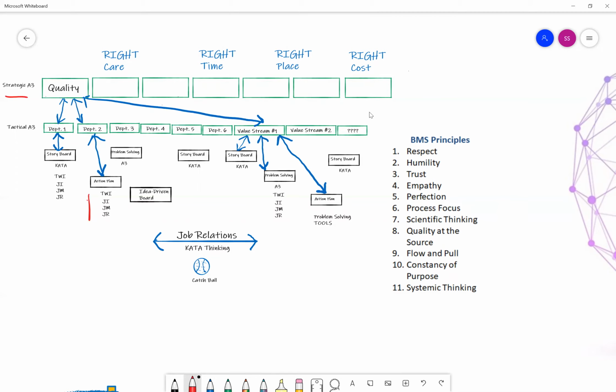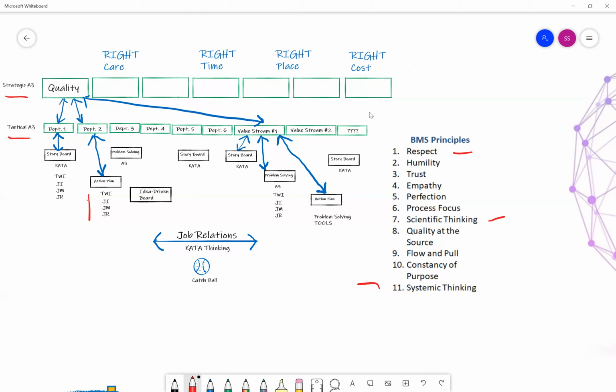Now, yes, we want the work to be influenced by the Baptist Management System principles, and many times people will think, well, you must mean number 7, the scientific thinking, or number 11, the systemic thinking. And yes, we definitely want that thinking to influence as we develop our strategic and tactical A3s, but we also want things like respect and humility and trust.